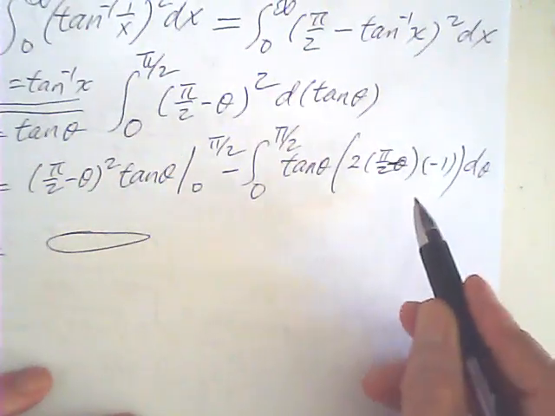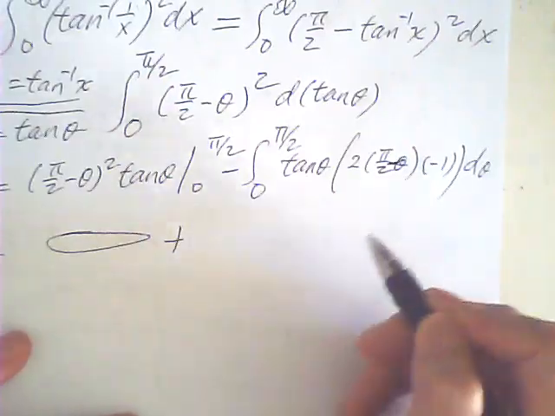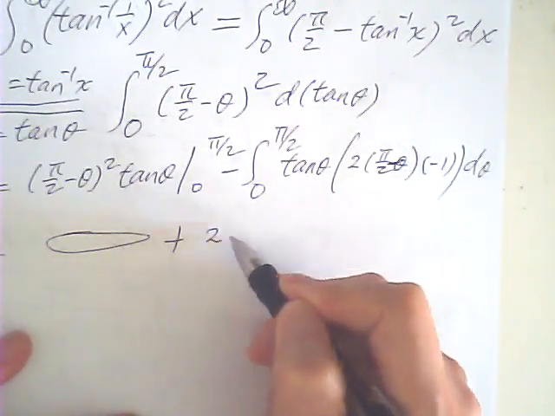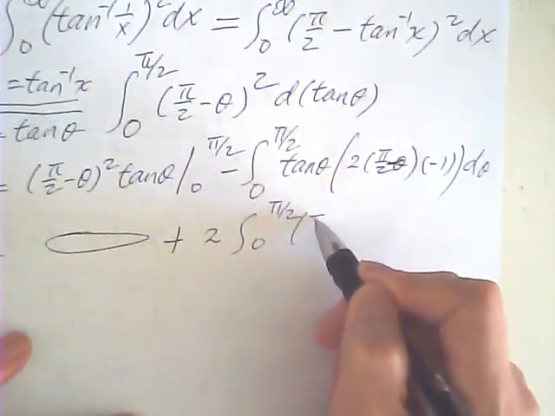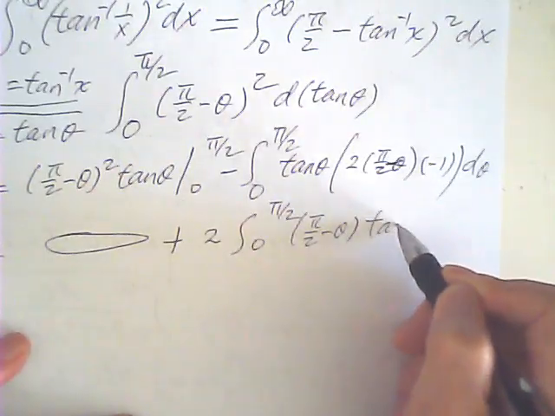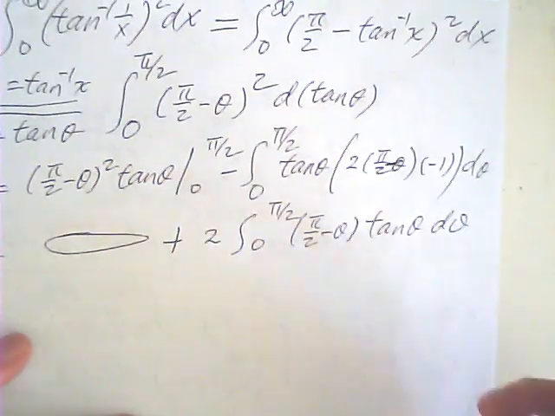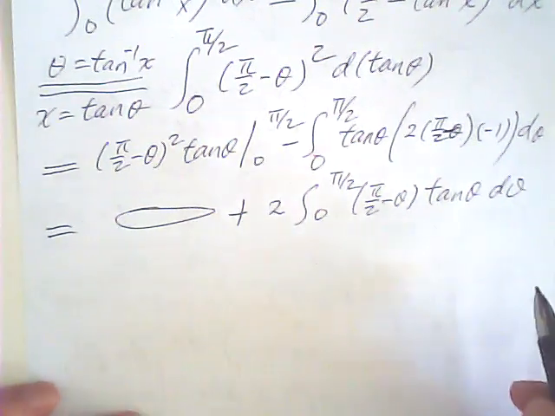Okay. Now this one, I take a negative out to become plus. I take 2 out, integral, and half pi minus theta and tangent theta. Wow, it's very good. Now and then what?